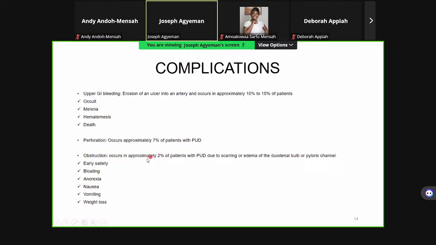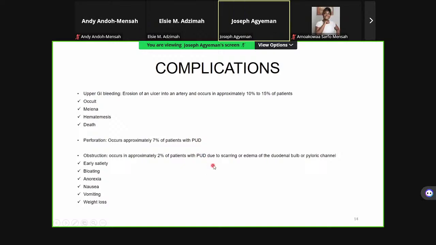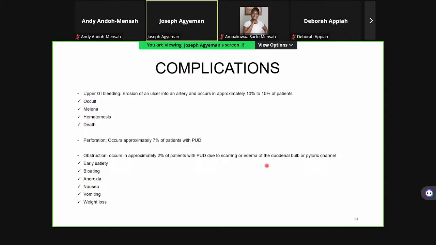And this normally occurs as a result of repetitive scarring, the wound is coming and continuously it will heal. So repetitive scarring and possibly edema from the inflammation can lead to the duodenal bulb or the pyloric channel being obstructed. When the obstruction happens, these are possibly some of the signs and symptoms that the sufferer may experience.